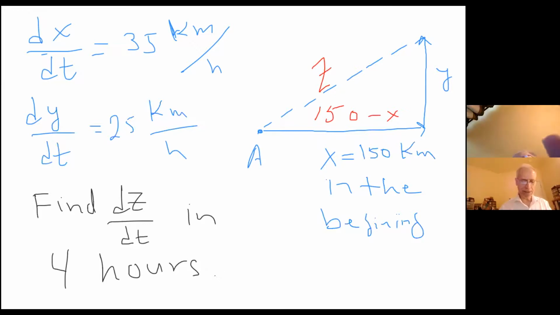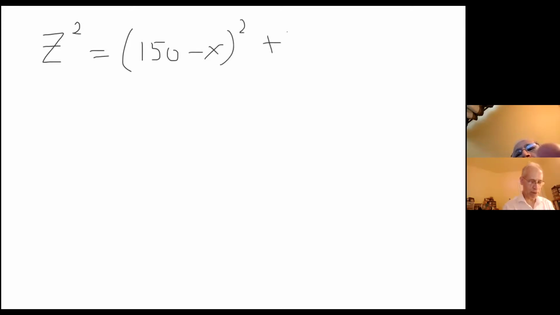As is many times the case, I have to work with a right triangle. So I'm going to go to the next page. I'm going to claim that z squared, which is my hypotenuse, equals (150 minus x) squared plus y squared, just using Pythagoras.